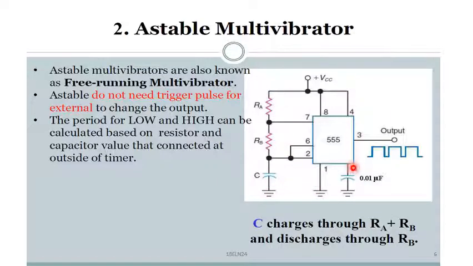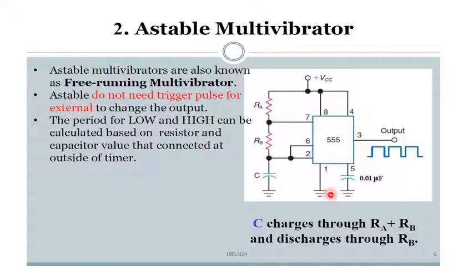So this is a circuit diagram of astable multivibrators, and you are using different pins. As I mentioned, 3 is output here, and you are expecting a square pulse. This is the on period and this is the off period. You can observe the connections. Pin 8 is VCC and pin 4 is connected to the same point. Pin 7 is discharge. Pin 6 is the threshold, and pin 2, the trigger input, is connected to the same point.